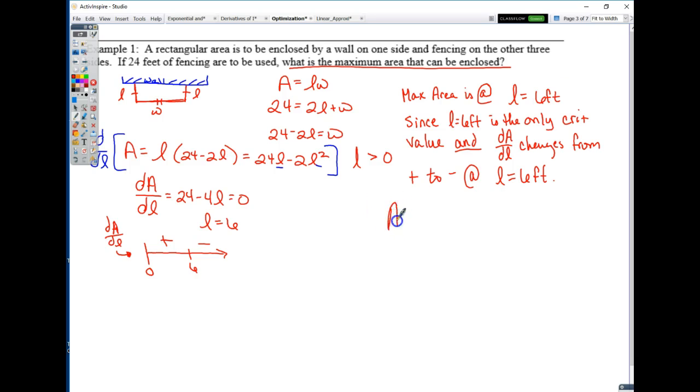If you want to do the first one, you can, but I can also do A evaluated when L is equal to 6, which is 6 times 24 minus 2 times 6, which is 24 minus 12, which is 12, and 12 times 6 is? Huge.